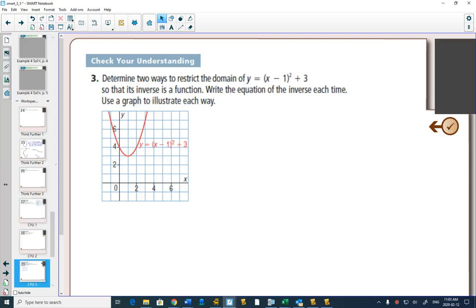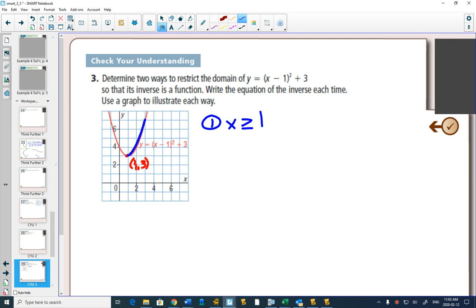Well, a parabola is kind of split in half by the vertex, right? And there's an axis of symmetry. So our vertex on this graph right now is at 1, 3. If we only considered half of that parabola, for example, if I just took when x is bigger than or equal to 1, I'll draw it down here in blue.